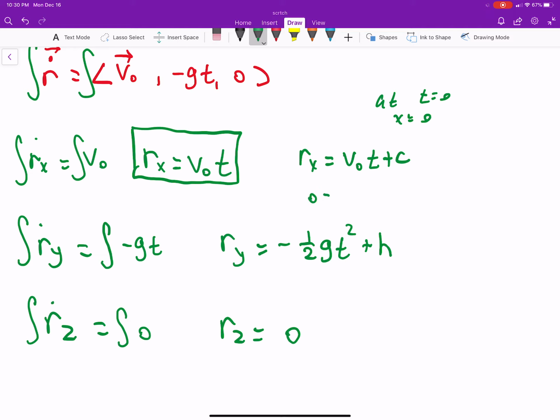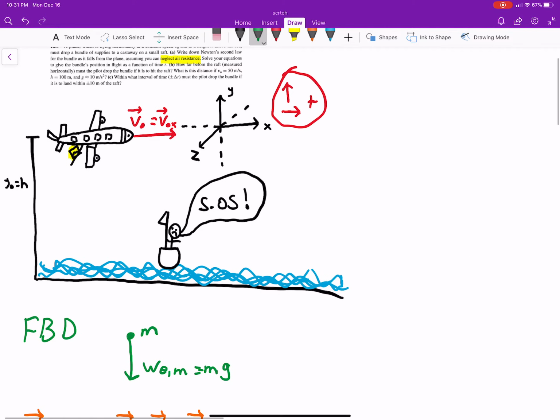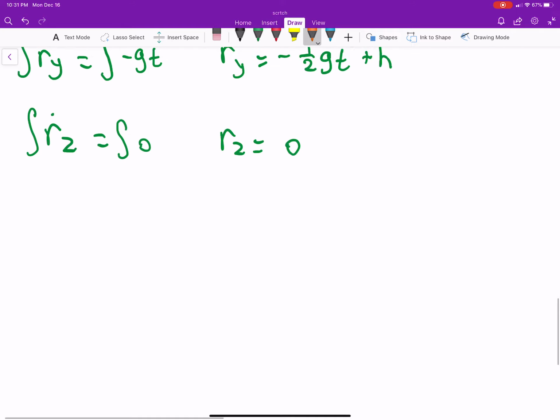In other words, 0 equals c. That takes care of your constant. If we think of the origin as being lined up with the plane, it's not lined up in the picture, but if you could imagine the plane is right above that orange dot, that's kind of what we're working at.